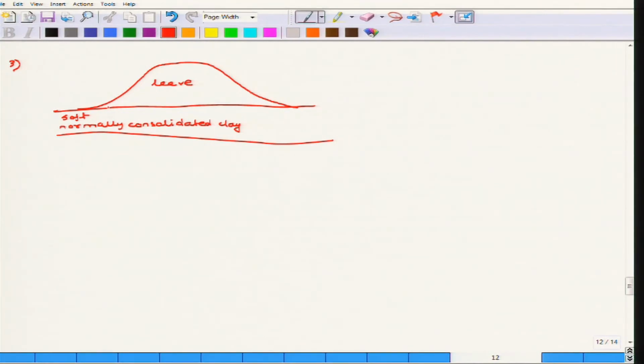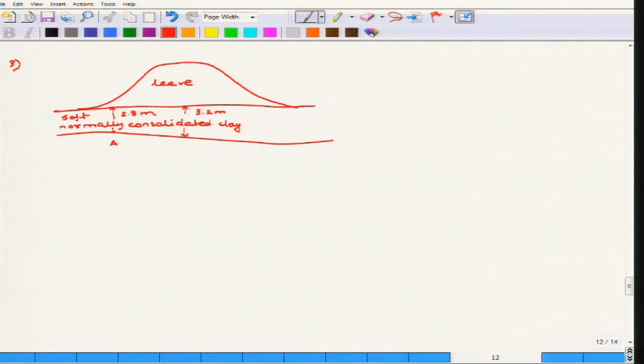Generally, in actual practice, let us say you construct a borehole here and find that the soft normally consolidated clay has a height of 2.8 meter. In the next case, you construct a borehole here and find it is 3.2 meter.